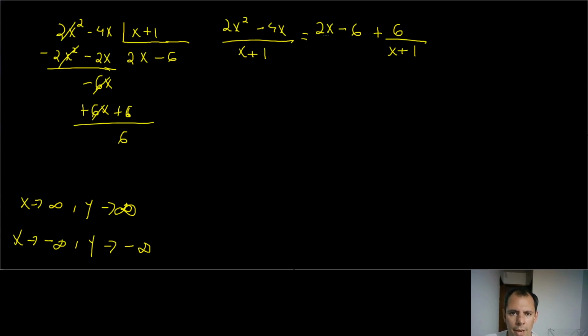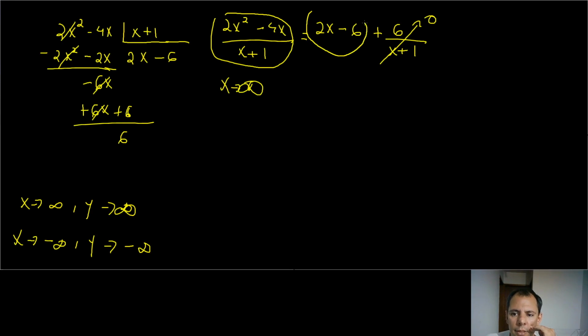The equation that this is going to approach is 2x minus 6. As x approaches infinity, this denominator becomes so large that 6 divided by infinity is nothing. So this goes to 0. What am I trying to say? As x approaches infinity, this function approaches this. Now, what is that? 2x minus 6 is a straight line.